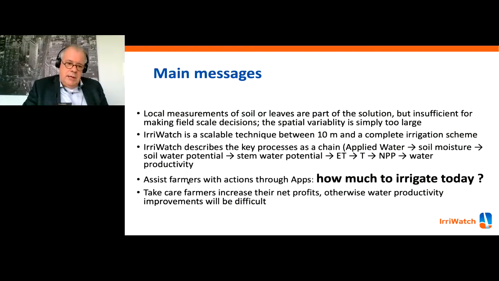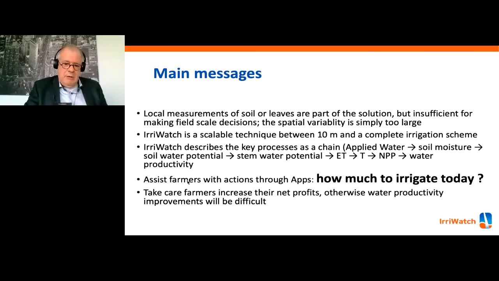So we have to measure the entire system. We have to measure the crop production system, but also the water cycle. How much we apply, how much water is consumed. We can do this 10 by 10 meters, which is very good. It's always good to have local measurements in the field. And I'm very glad the next speaker will speak about field measurements.